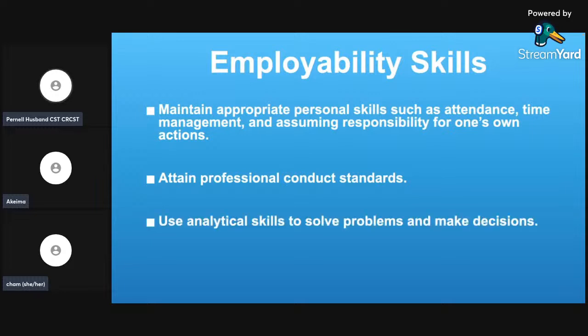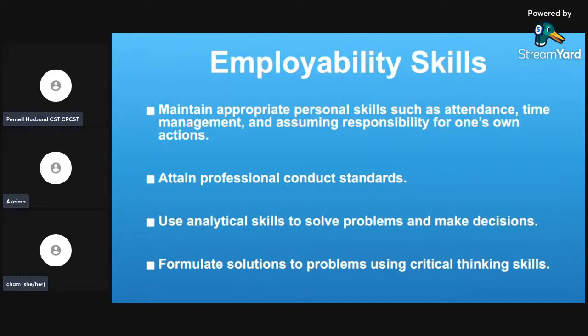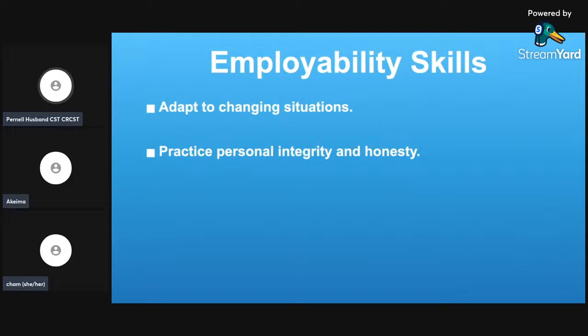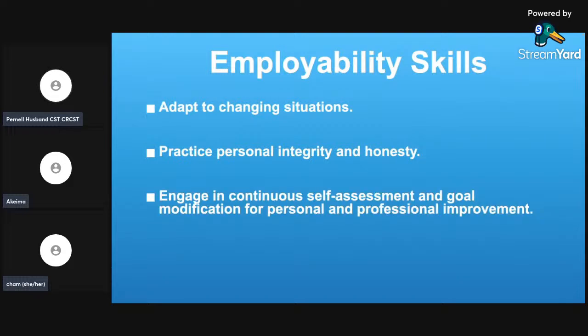Attaining professional conduct standards, using analytical skills to solve problems and to make decisions, formulate solutions to problems using critical thinking skills like Akima does every single day. We always have to be able to adapt to changing situations. Again, it's a very dynamic field and dynamic environment.